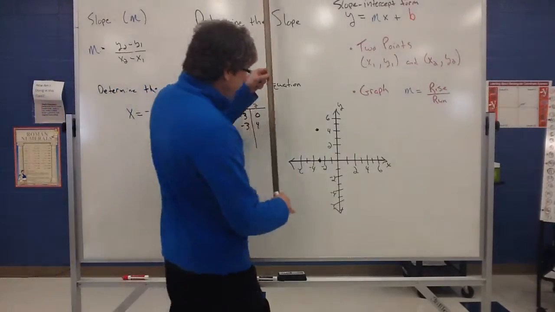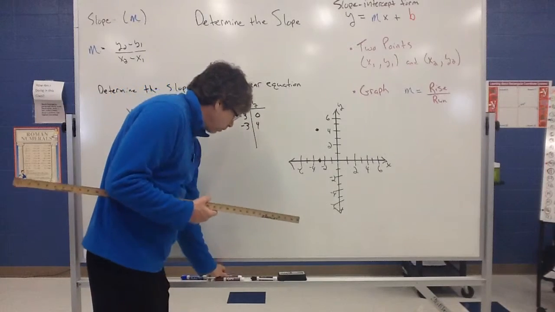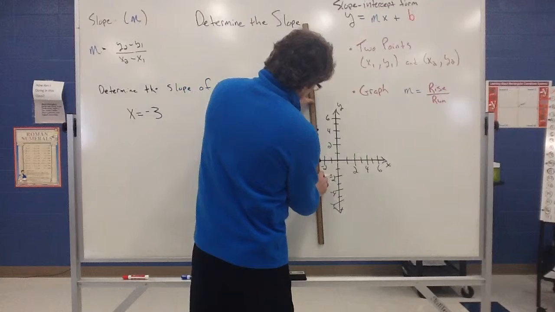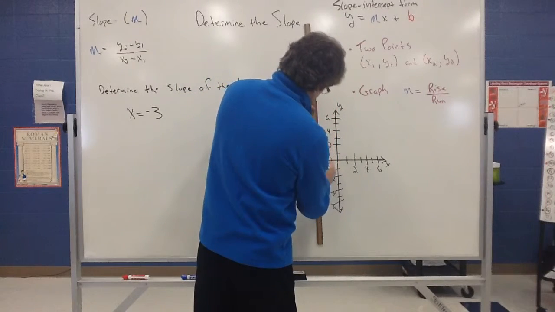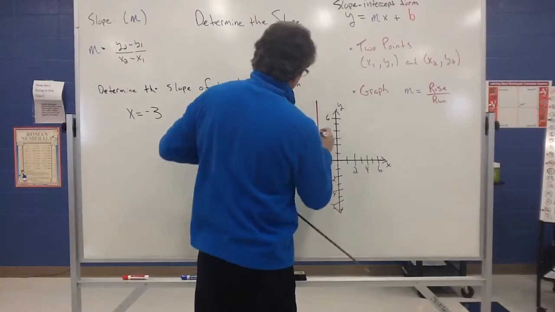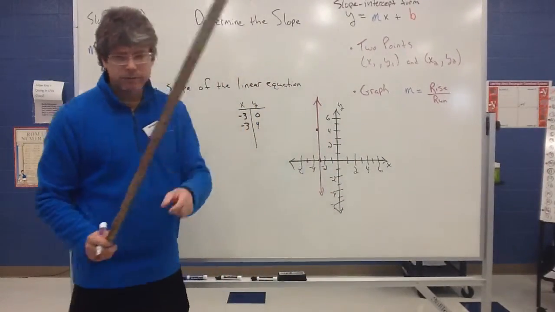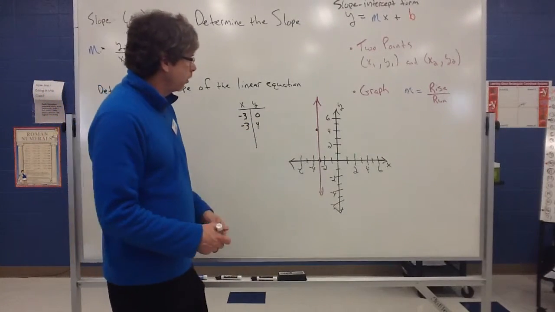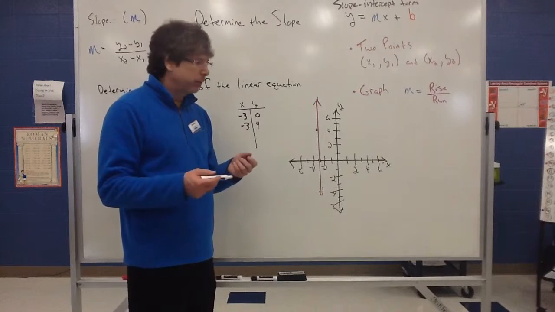So when I draw this line, we can kind of see that this line is going to be going in a vertical direction. So our line is taking on that characteristic. When we have a vertical line, we made a note that a vertical line actually does not have a slope.